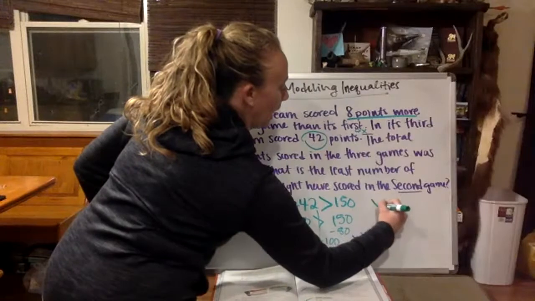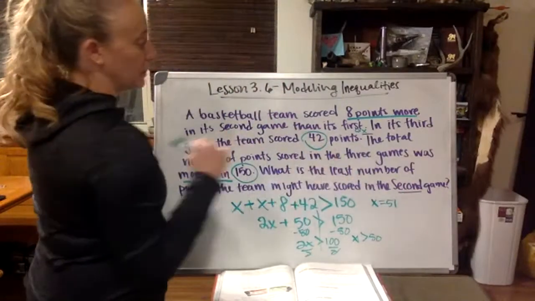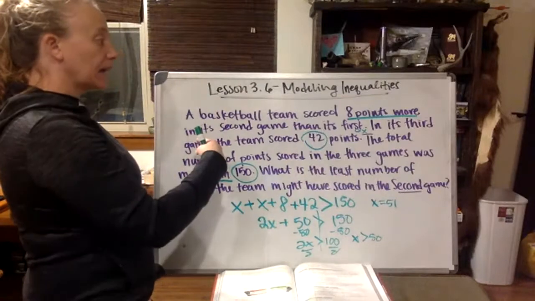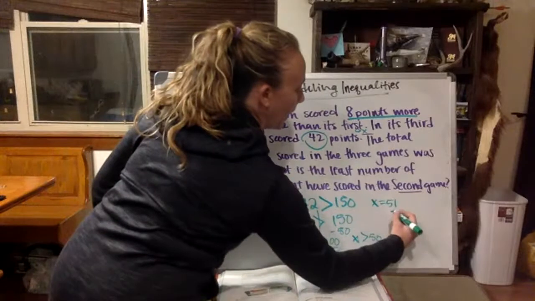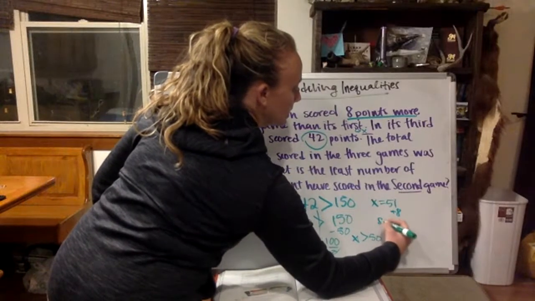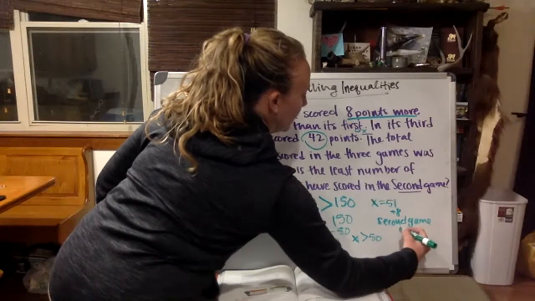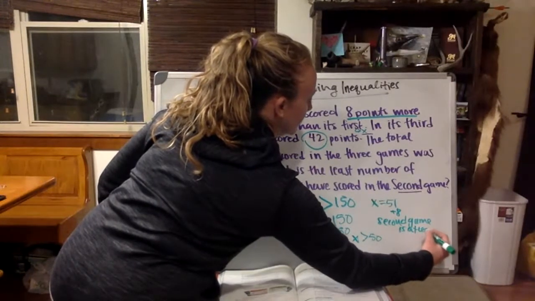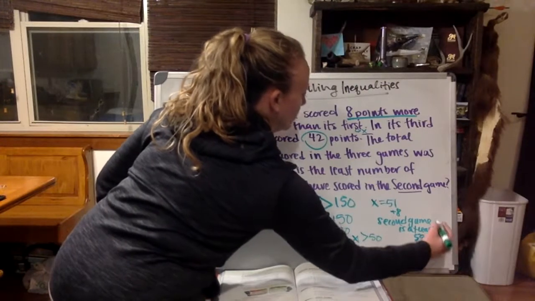So x could equal 51 or more. Its smallest amount is 51. The second game is 8 points more than the first game, so I'd have to add 8 points to that. So the second game is at least 59 points.